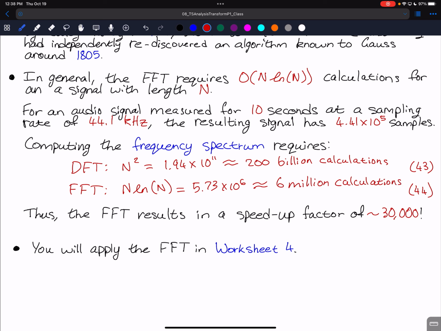Thus the FFT here results in a speed up factor of around 30,000. So a massive reduction in the computational cost required to compute the Fourier transform. And so in worksheet 4, we're going to use the FFT, essentially.